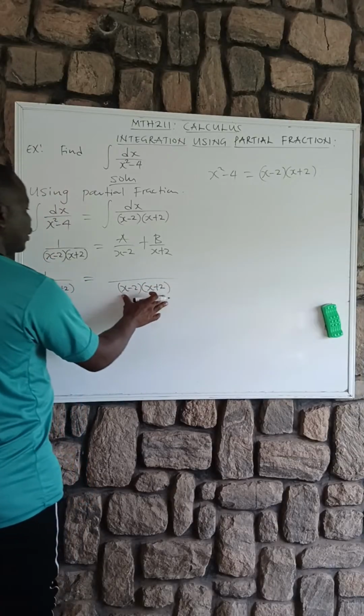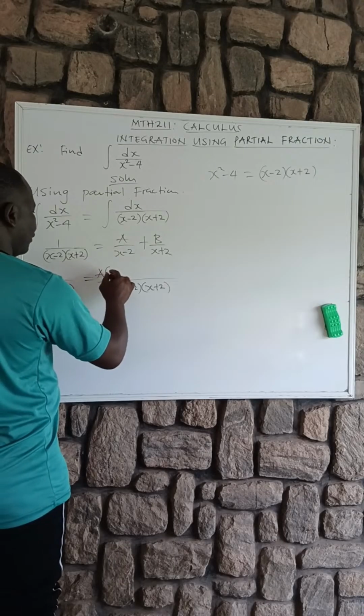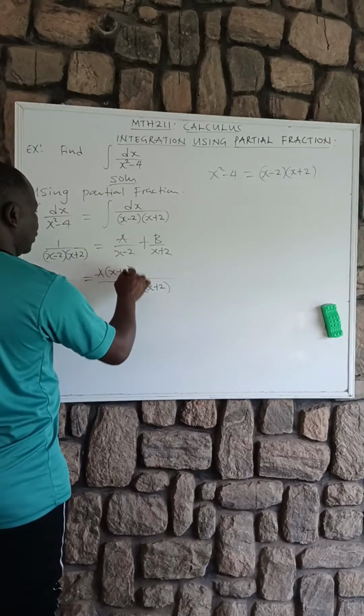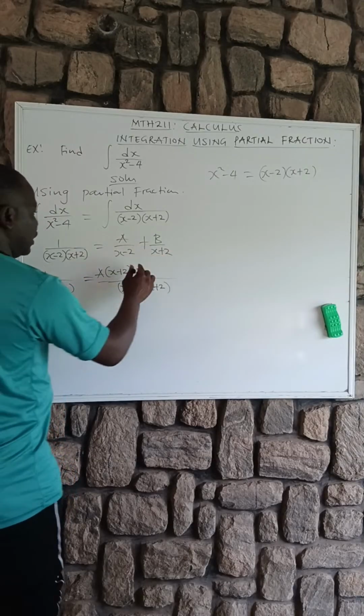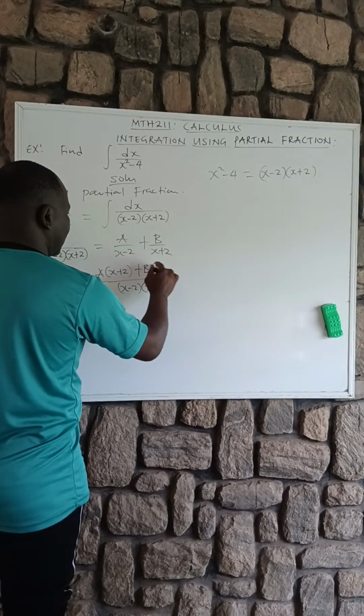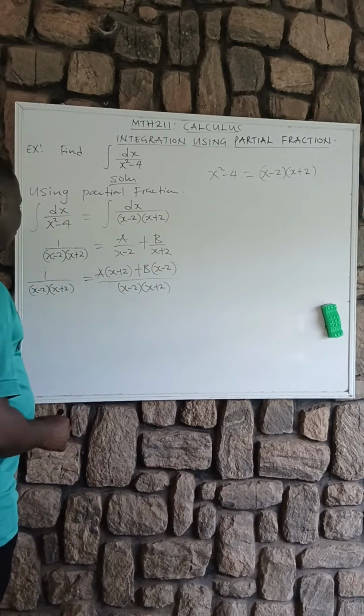True or false? This divide this, we are going to have A open bracket x plus 2. And what we have here plus this divide this, we are left with B open bracket x minus 2. True or false? So far so good.